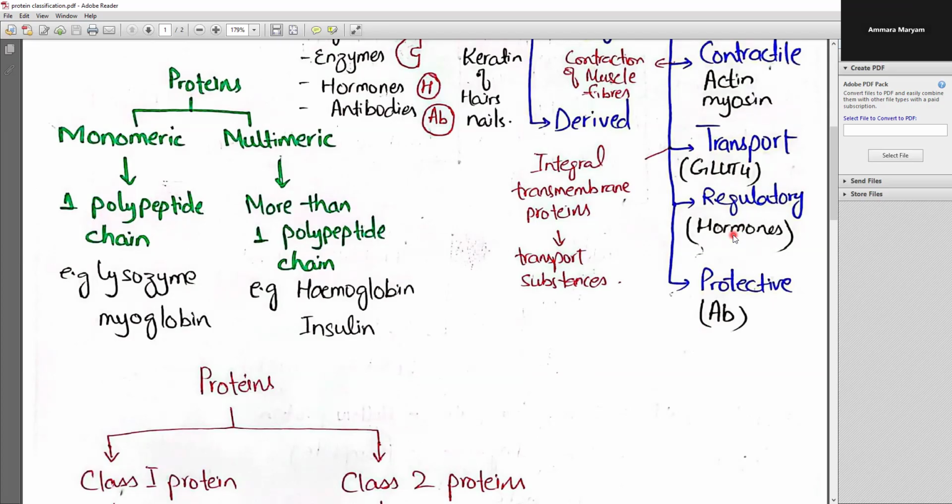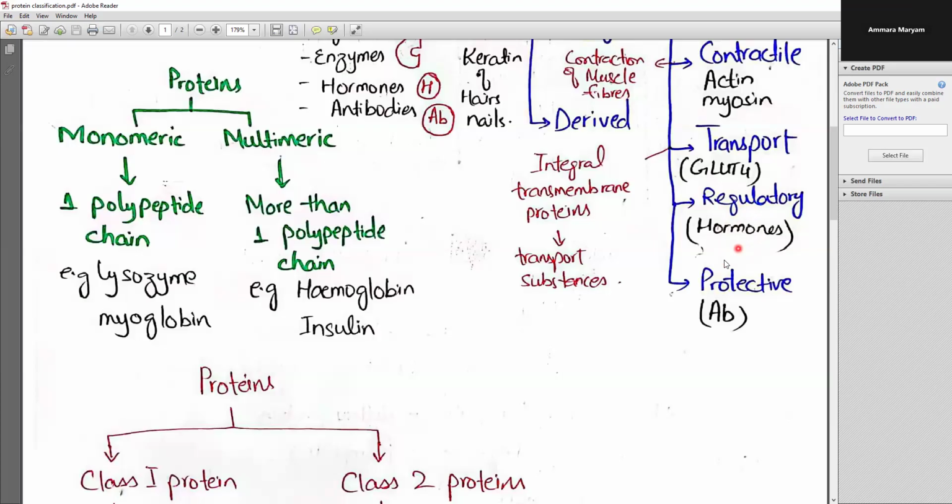Similarly, growth hormone brings about the growth of the various tissues in our body. It functions like a hormone, but chemically it is a protein. So insulin and the growth hormones can be categorized under the regulatory proteins.